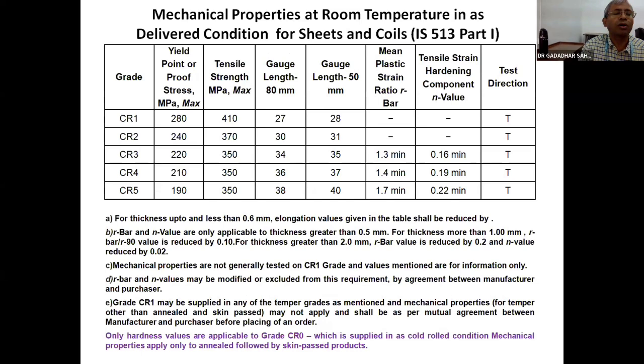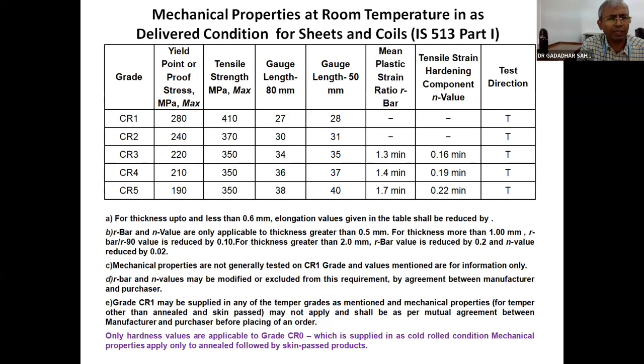So coming to the mechanical properties, this is again the maximum for CR1 that we are giving. The range is given here. The maximum YS, yield stress, is 280 MPa, tensile stress 410, and gauge length is 80 mm and 50 mm depending on the requirement of the customer.